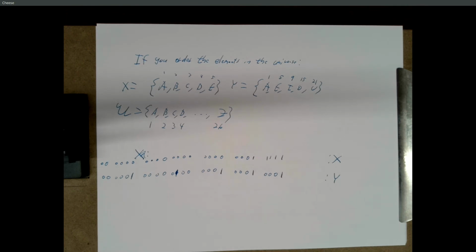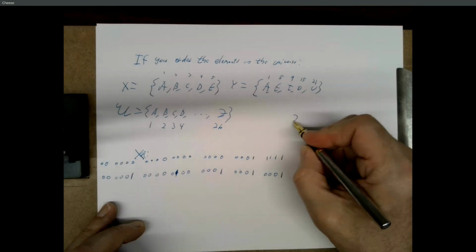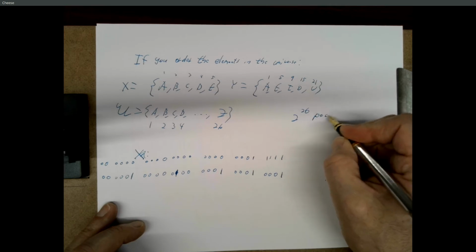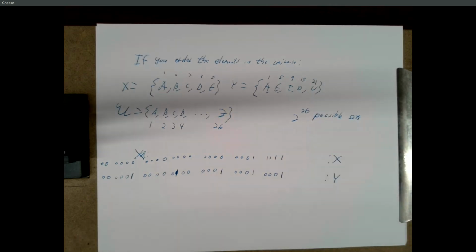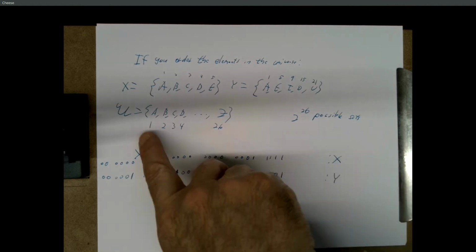So a 26-bit string represents any possible set. How many possible sets are there if I can represent any set with 26 bits? 2 to the 26th. Every possible set is a subset of the universe, so there's 2 to the 26th subsets of the universe.